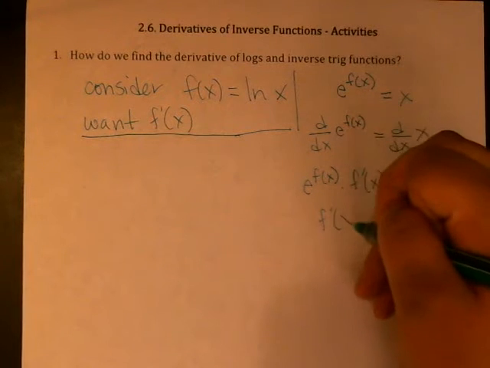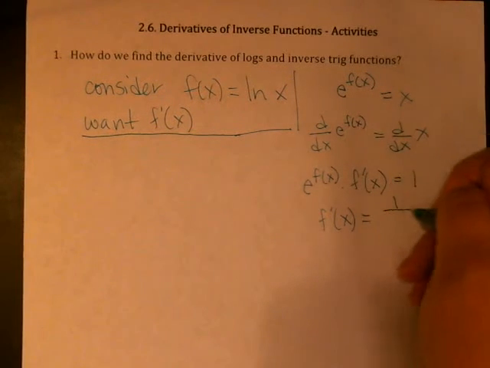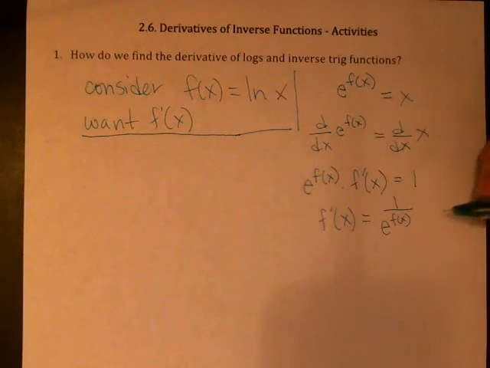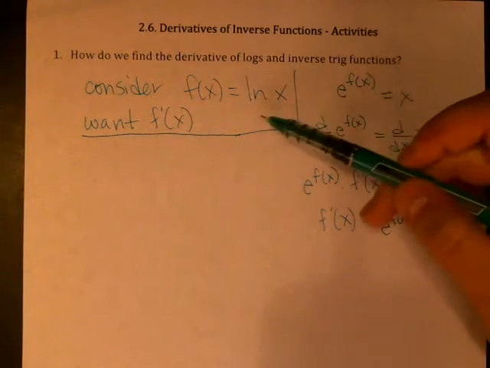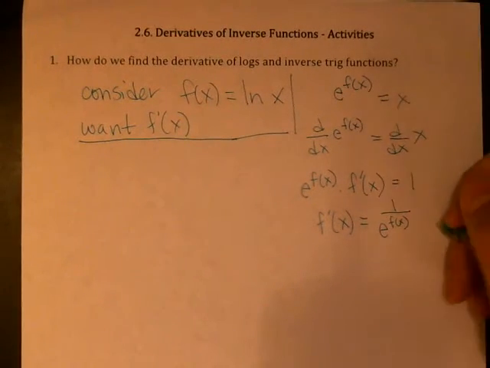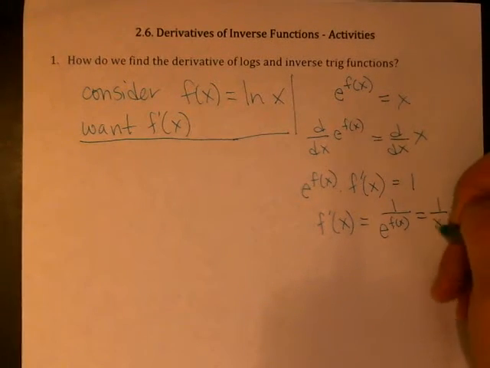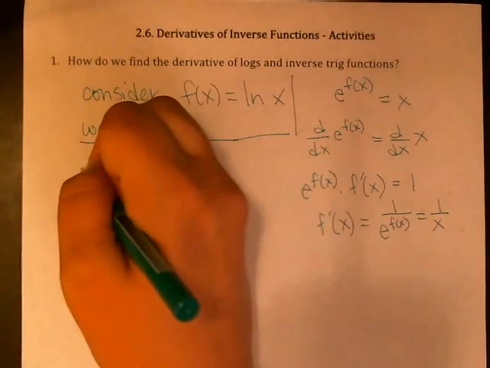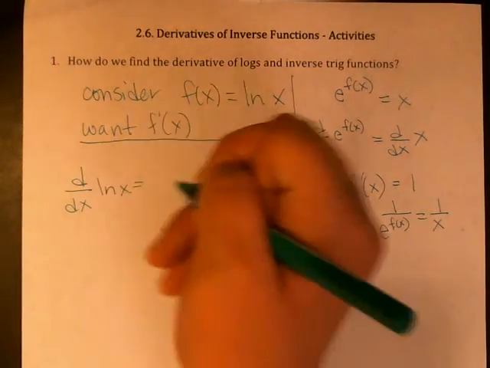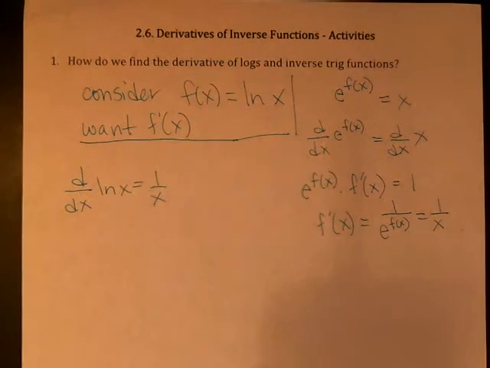So we can now solve, and we can say f prime is equal to 1 over e to the f of x. But then remember, f of x was just the natural log of x, so we started off with the fact that e to the f of x is x, so we get 1 over x. So what we're saying is that the derivative of the natural log of x is just 1 over x, and that's, I think, rather impressively simple.